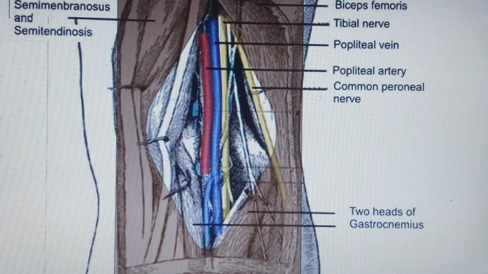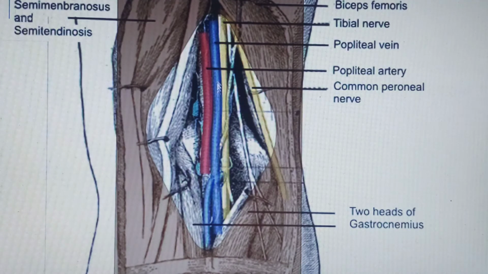At the inferior aspect, there is the short saphenous vein. It drains into the popliteal vein by running in between the two heads of the gastrocnemius muscle.